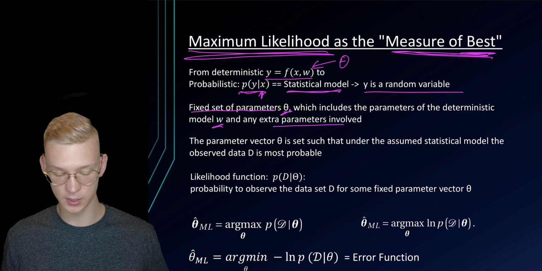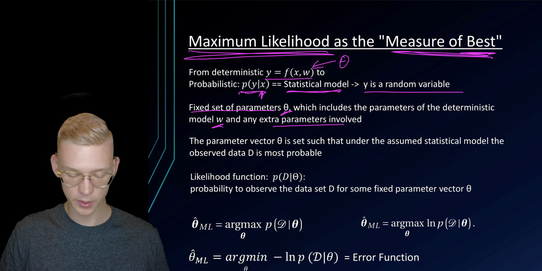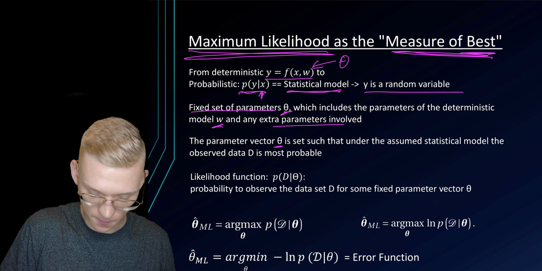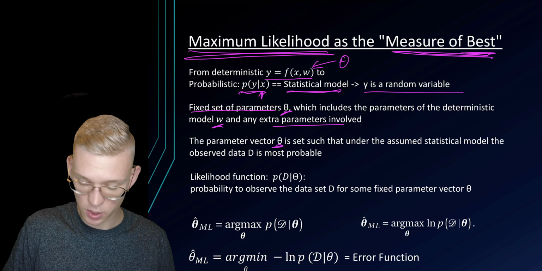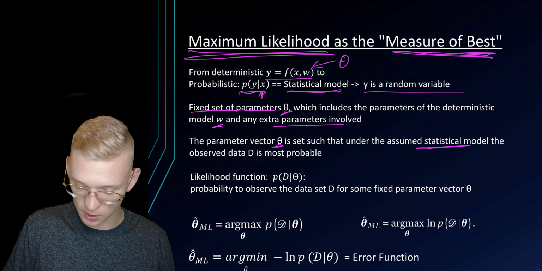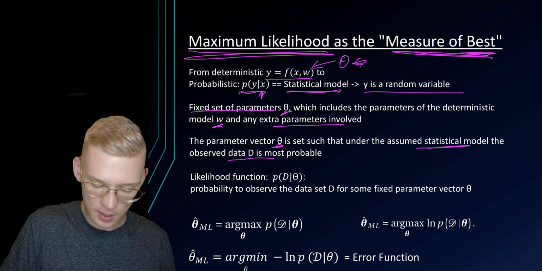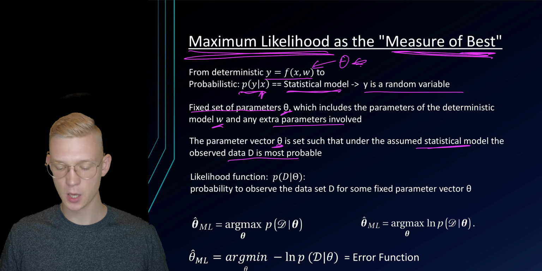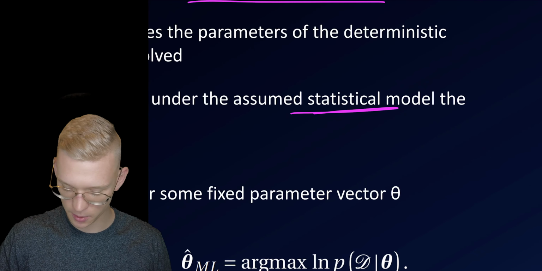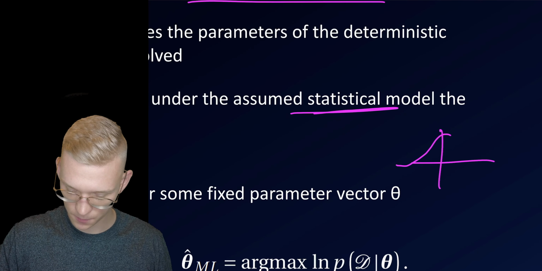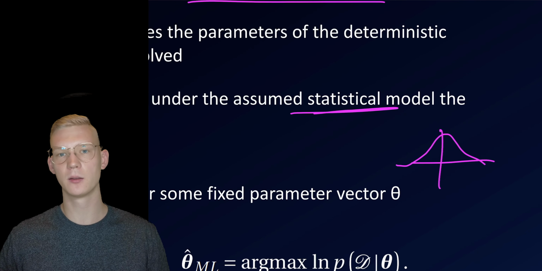So we get our statistical model. And the goal is to set the parameter such that under the assumed statistical model, so this is our f of x with the w's, the observed data is most probable.